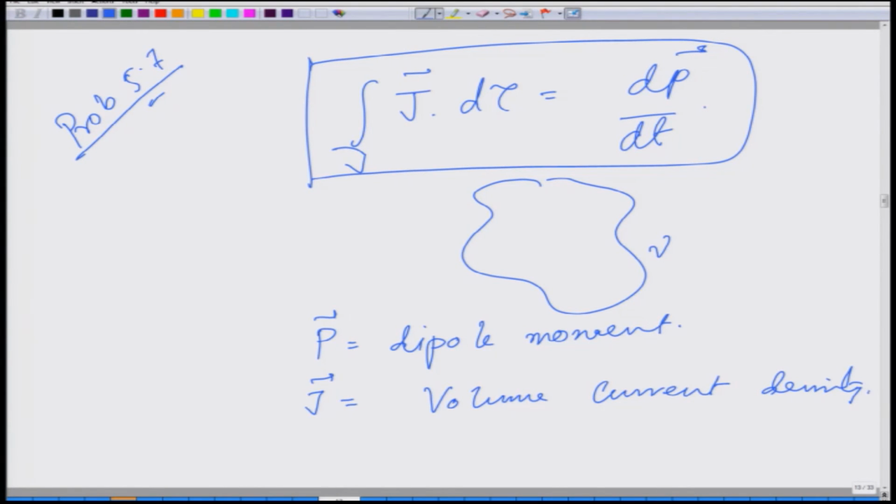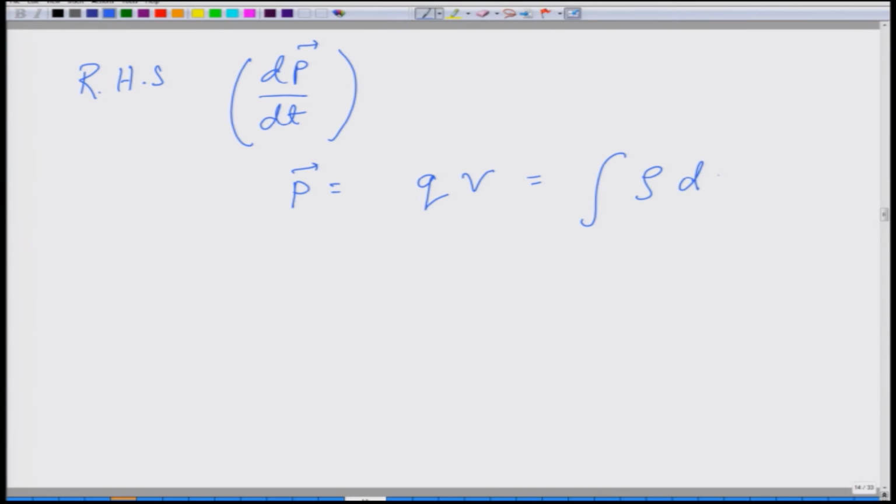So to solve this problem, let us start with the RHS, which is the rate of change of this dipole moment, and you know that dipole moment can be written as q times r, which is the integral over rho r d tau. D tau is the elementary volume.